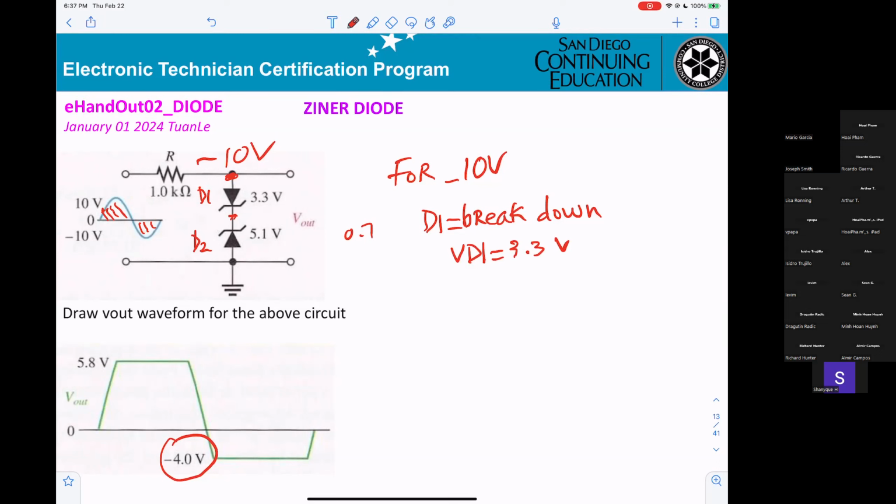And when you get a 0 here, and this side will be negative, that will tell you D2 will be on. D2 will be on. That means you can get 3.3 here, and that will be ground.